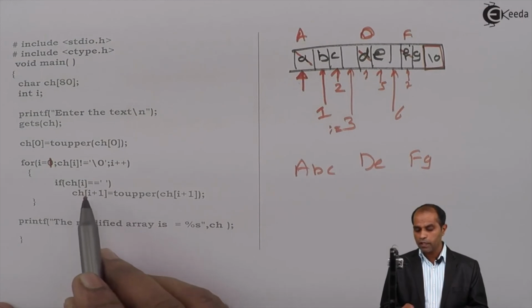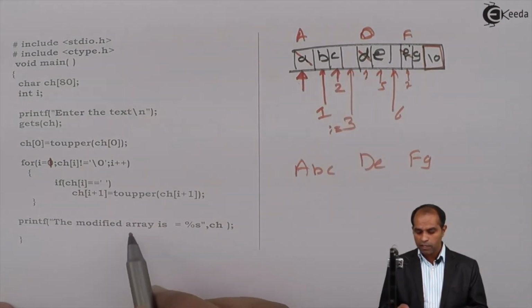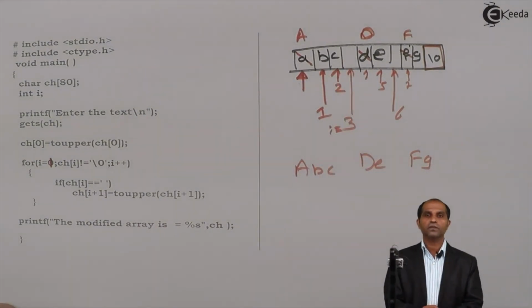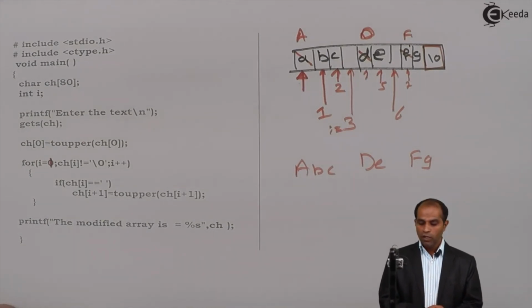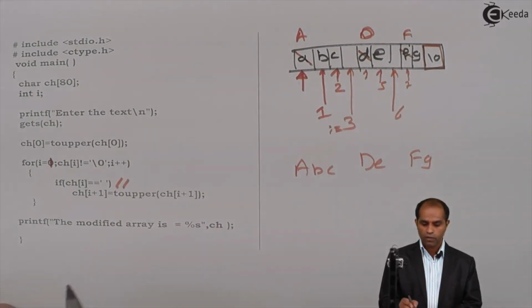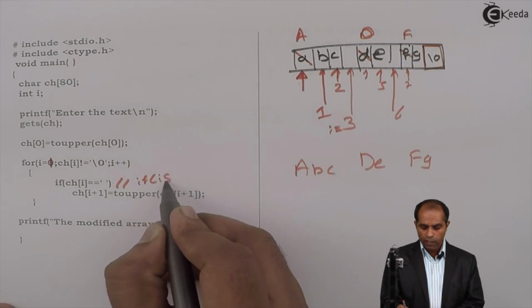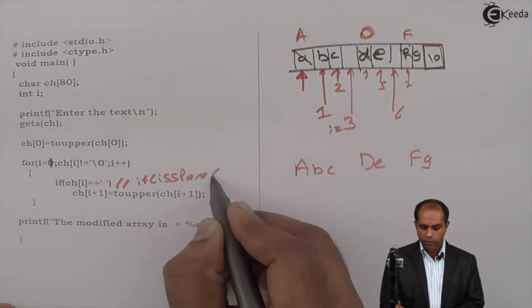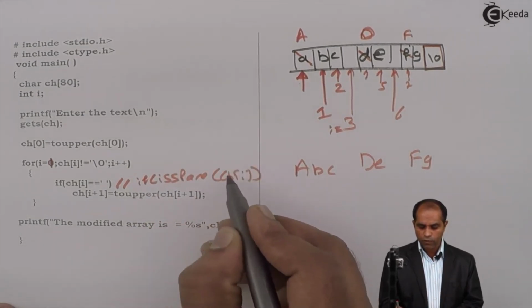The modified string is stored in the same array ch, hence the modified array is displayed as ch. So here we are displaying the contents of this particular ch. If you wish, you can even convert this to a library function. So I can say isspace of ch of i.